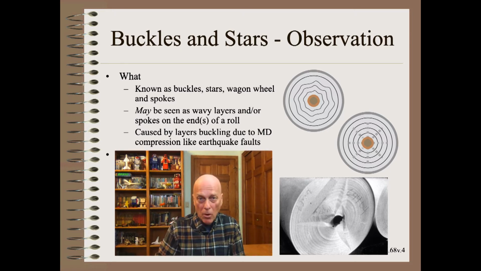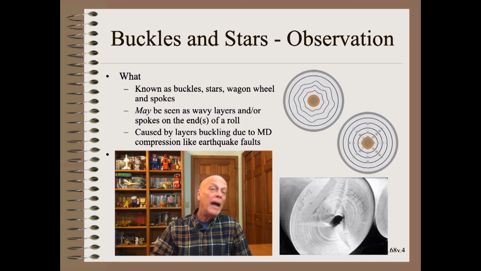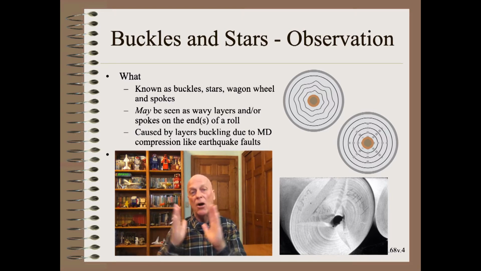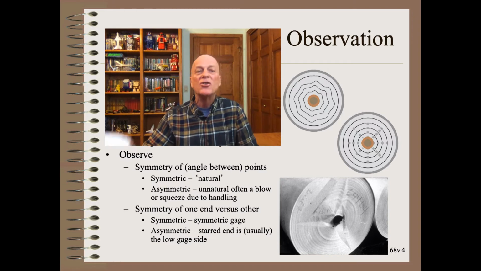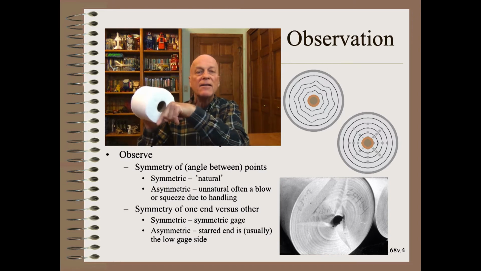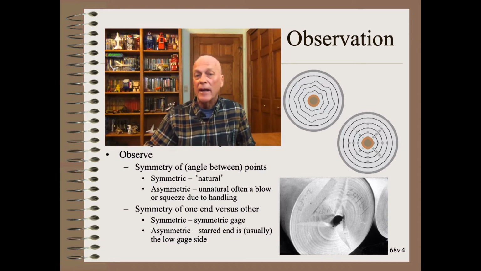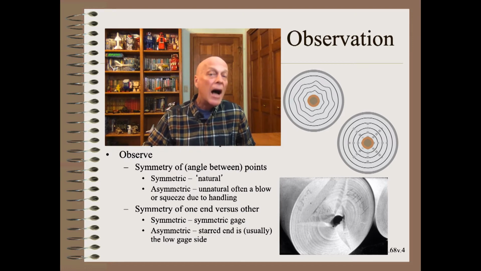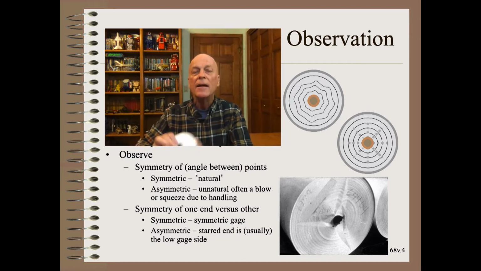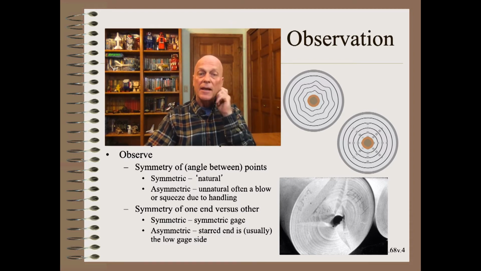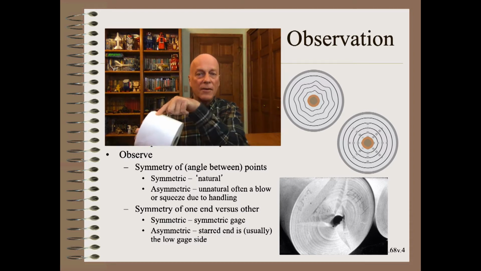Much more important is to observe certain patterns that can narrow down the root cause. First, are the patterns radially symmetrical, such as a snowflake is? If not, the cause may be handling. Second, is one side of the roll different than the other?